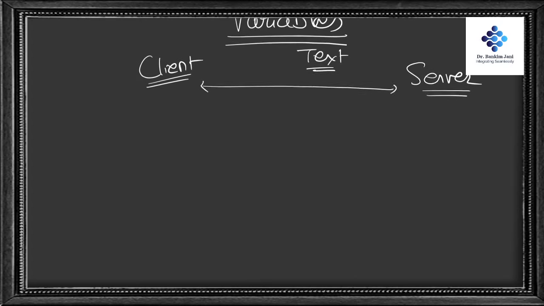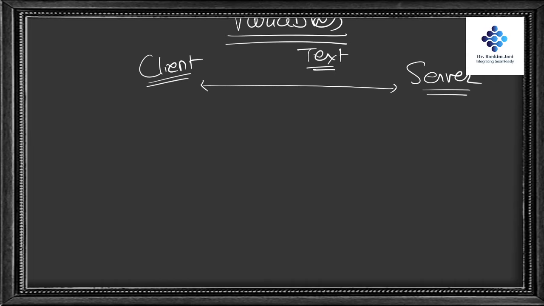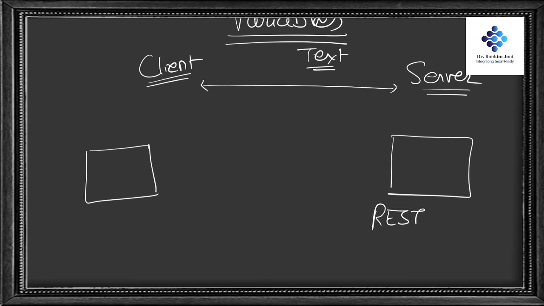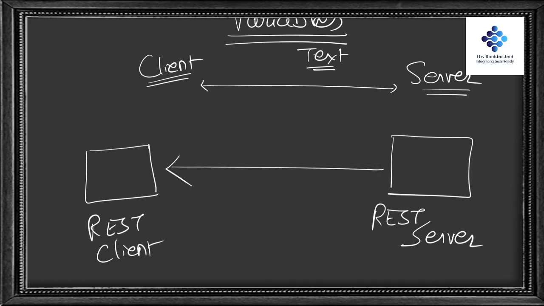So let's say this is 1, this is 2. We have a REST server over here and a REST client over here, and both of them are communicating. And what are they doing? They are sending those variables and data structures to each other, and fine, they must be talking with each other conveniently.